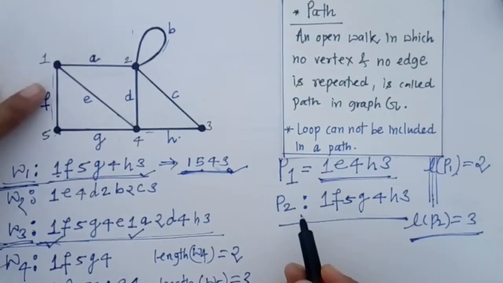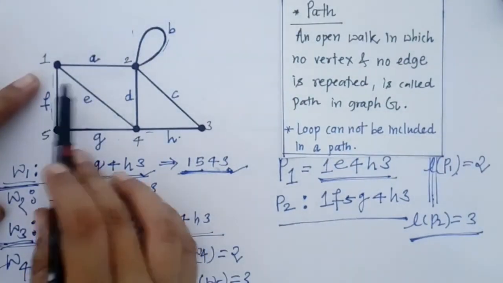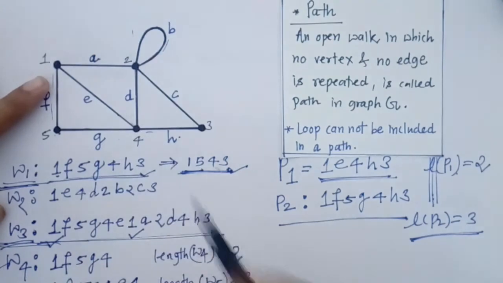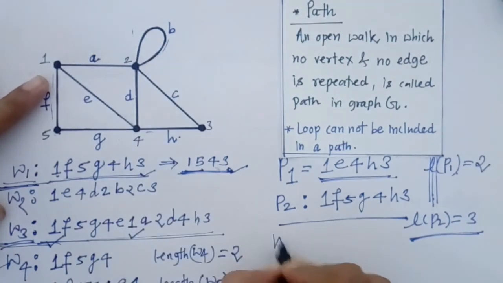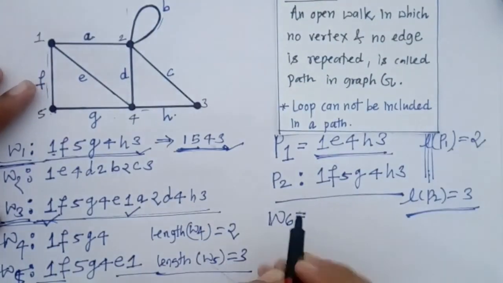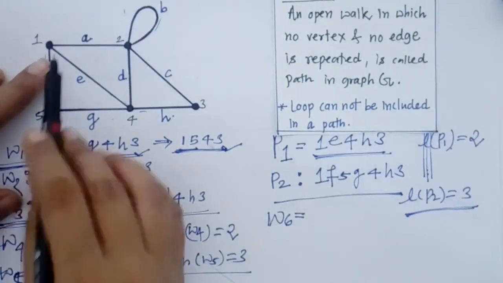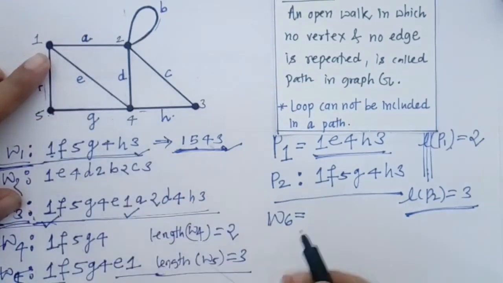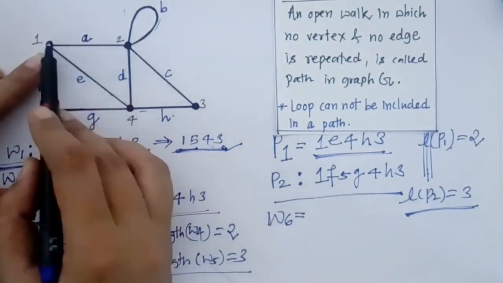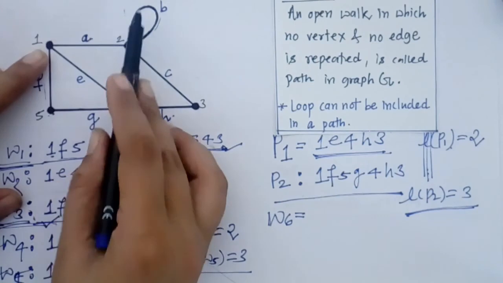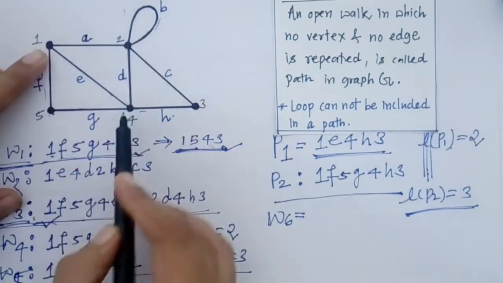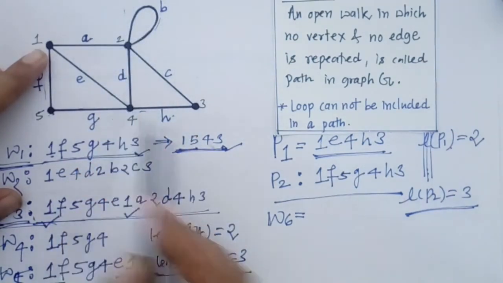Next, if we travel from vertex 1 to 4, let's write that as a walk, consider that it is our 6th walk. We travel from vertex 1 to 2, then through this loop, and then by edge D to vertex 4.